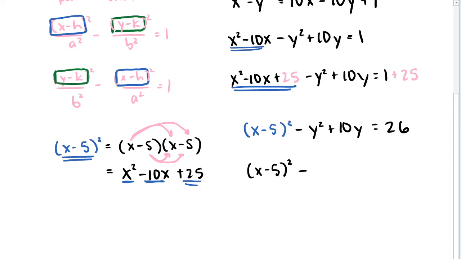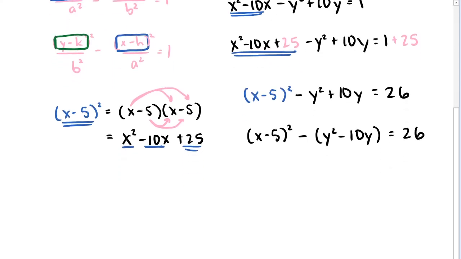I'm going to factor out that negative sign, and if I factor out that negative sign, I'm going to factor it out of that 10y as well. So it's going to be minus 10y is equal to 26. And this is just so that now our y terms, if I think of them together, have a leading term that's just 1. It has a coefficient of 1.